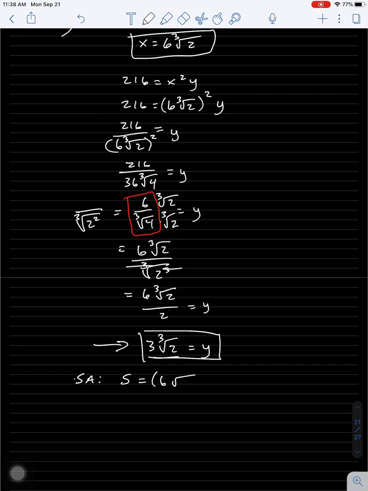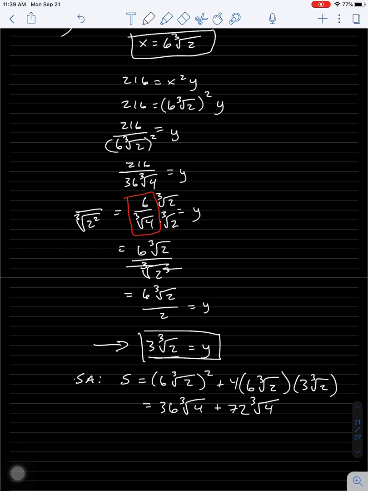So this becomes 2 squared, that's your x squared, and then 4xy. Okay, so this is going to be 36 times the cube root of 4 plus 72 times the cube root of 4.